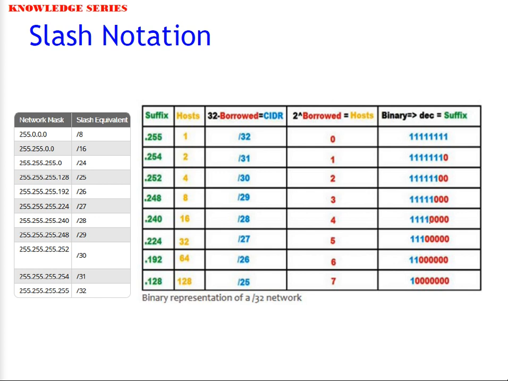So that's why everything is becoming 0, 0, 0, 0. So from the host, it is converting towards the network side. So that's how we keep on making the combinations in the subnetting scenario using this particular slash notation. And this is one of the compact representations of the subnet mask.